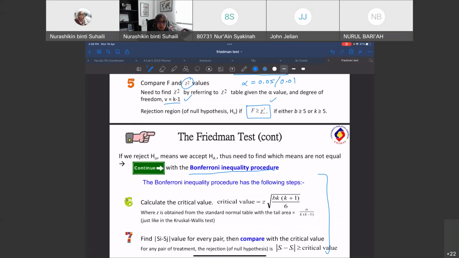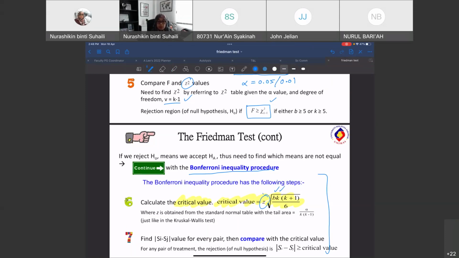In step 6, what you have to do next is calculate the critical value. The critical value is given by this formula. But first, if you see the formula, there is a Z value, isn't it? You already know what B and K are, right?